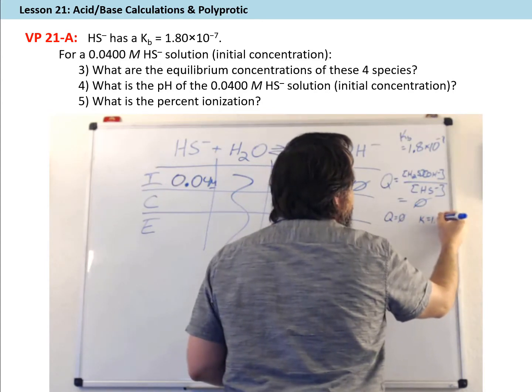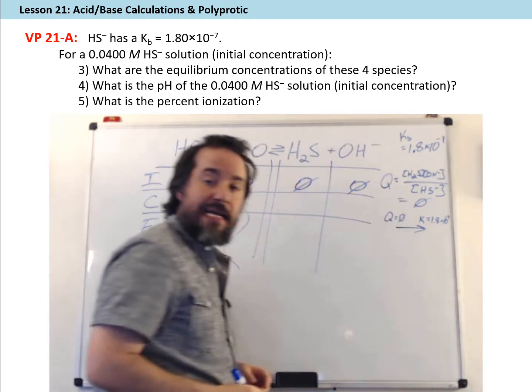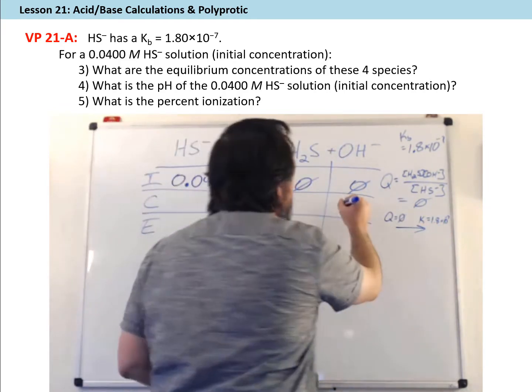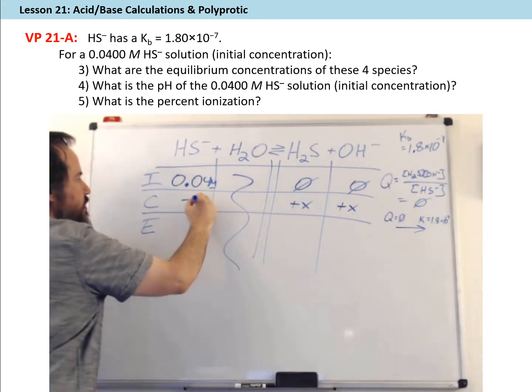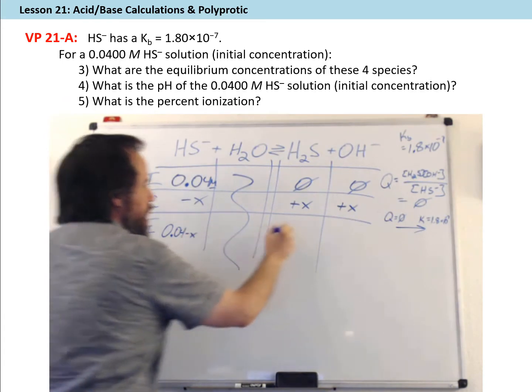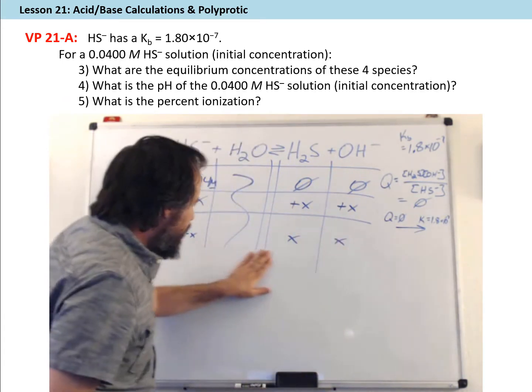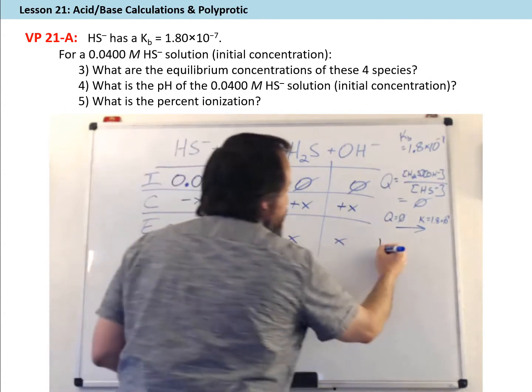K is 1.8 times 10 to the minus 7th. So it's going to shift towards the right. Okay? So that means this will be plus X, minus X. Okay? 0.04 minus X, X, and X. Now I go ahead and I plug this in to my KB.